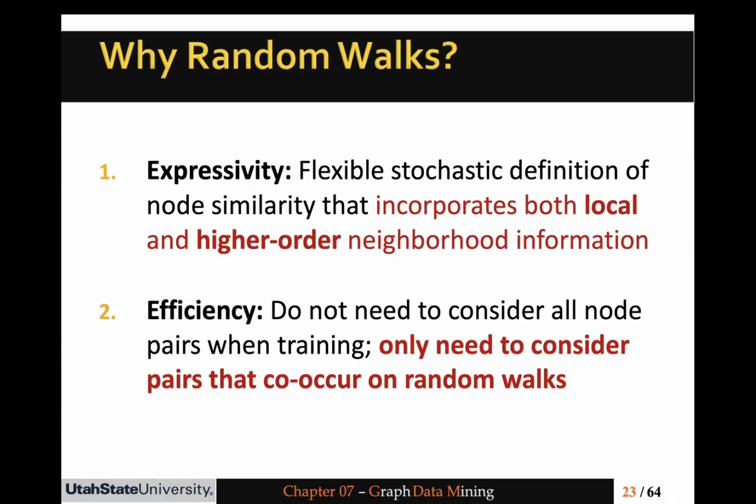The second advantage is that it's quite efficient. We're not doing anything special, just randomly walking from one node to another. It's a pretty cheap process. Another way efficiency stems is from the fact that we do not need to consider the nodes that never appear together in the random walks, so I do not need to store that information.